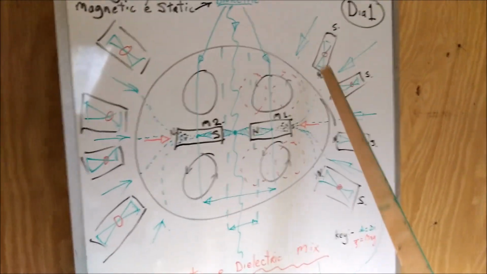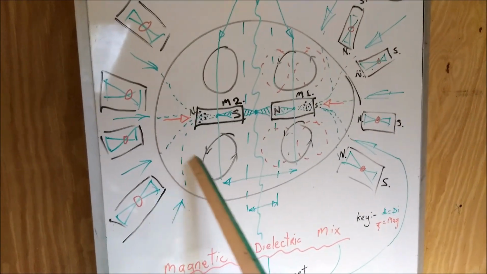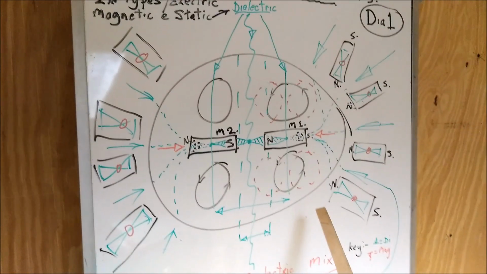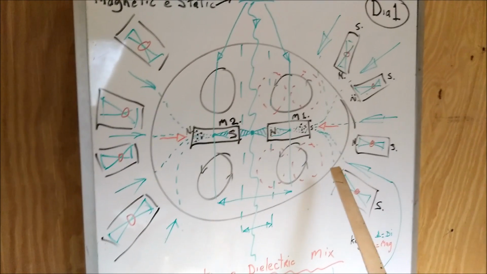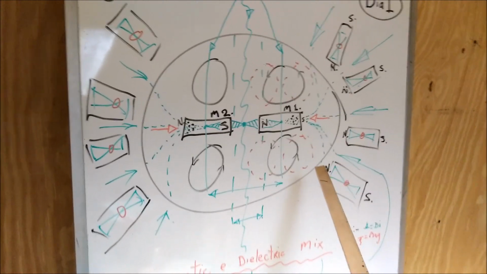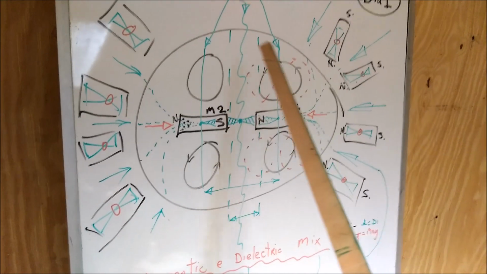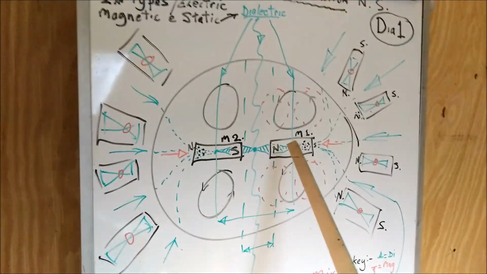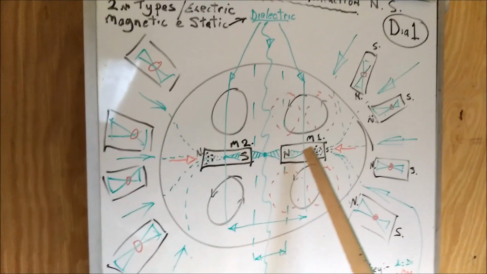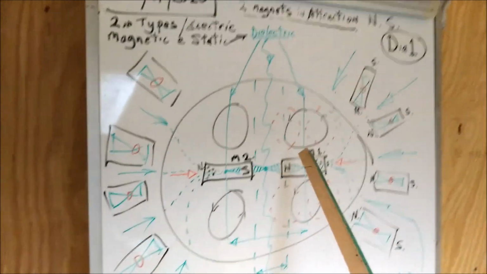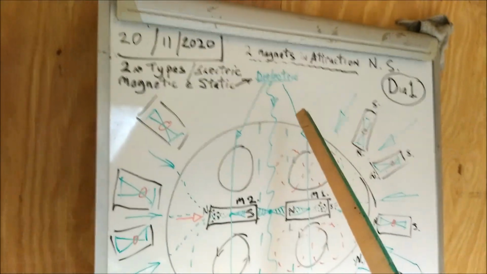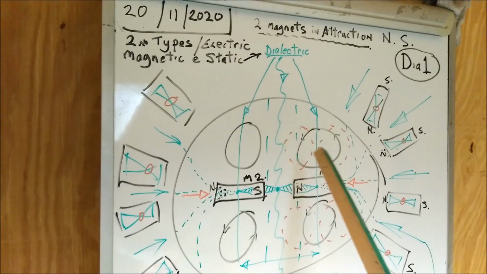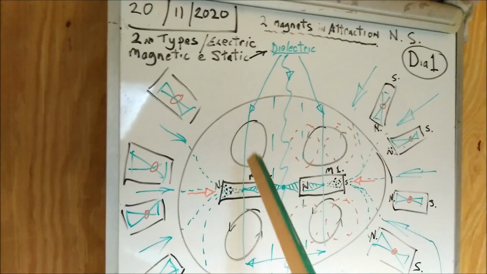This circle around here represents the magnetic field of influence. Obviously it can go larger than what I've drawn, it can go smaller. So within that field of these two attracting magnets, you've got the field of dielectricity between the two magnets. So that's the dielectric centre of the two magnets.